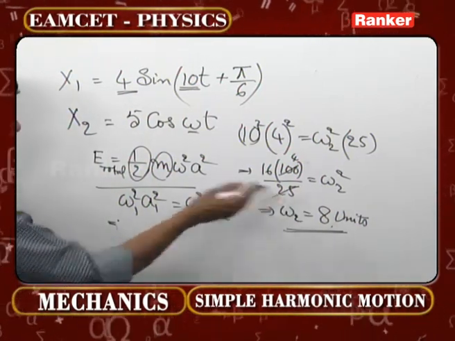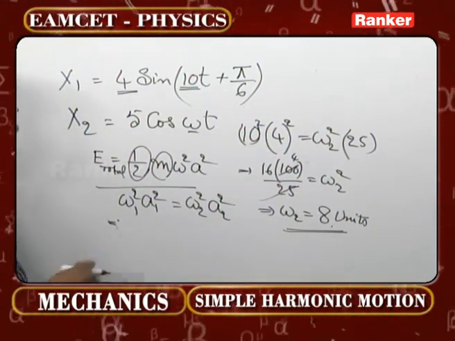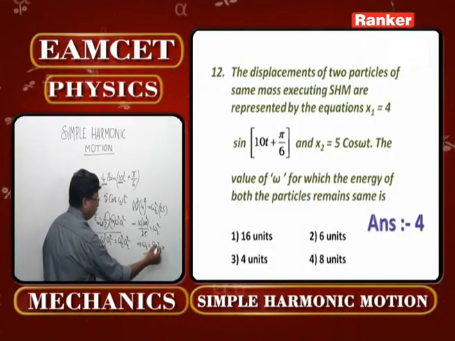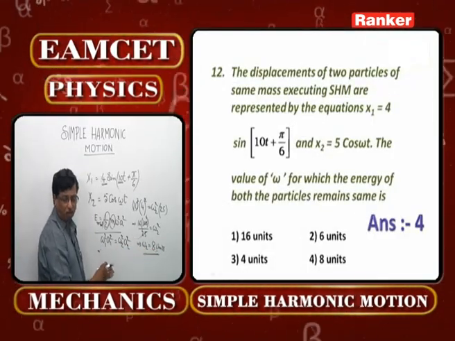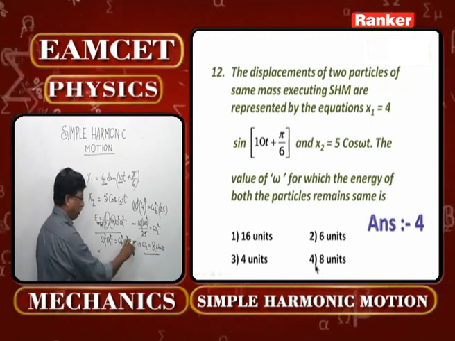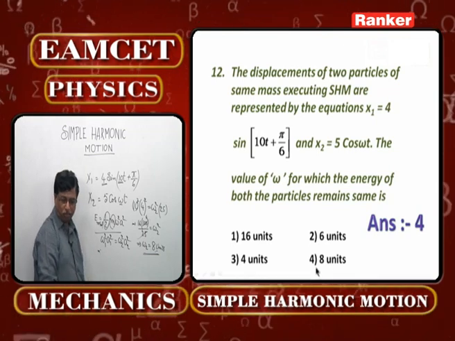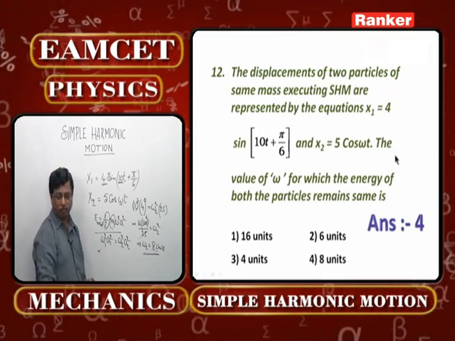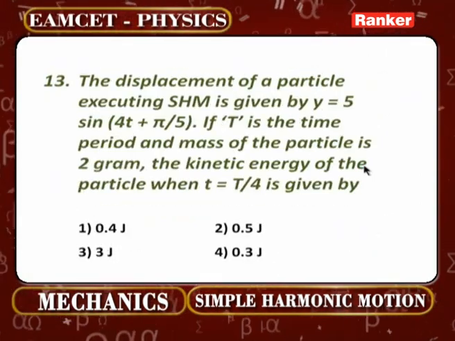Either radian per second or radian per minute may be given, but nothing has been mentioned, therefore we are simply writing units there. So what is the correct option there? It is 8 units, which means the fourth option is the correct option for this question number 12. Let us now check the very next problem, that is problem number 13.